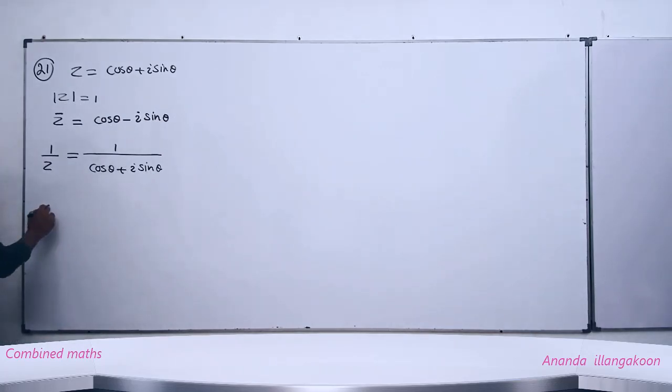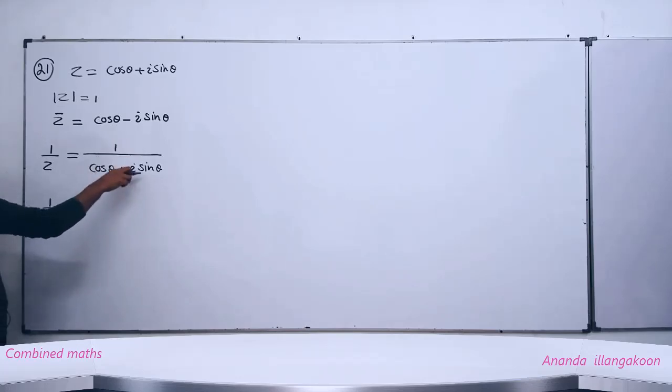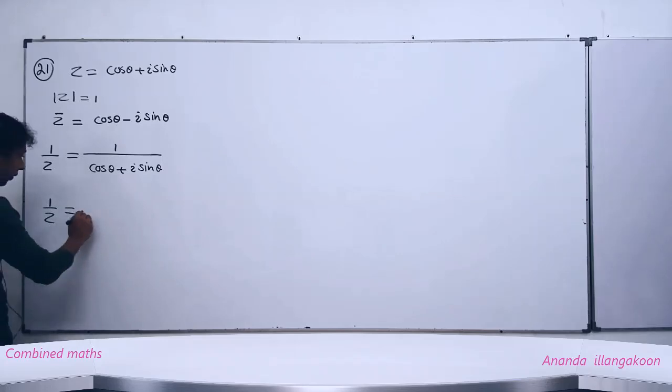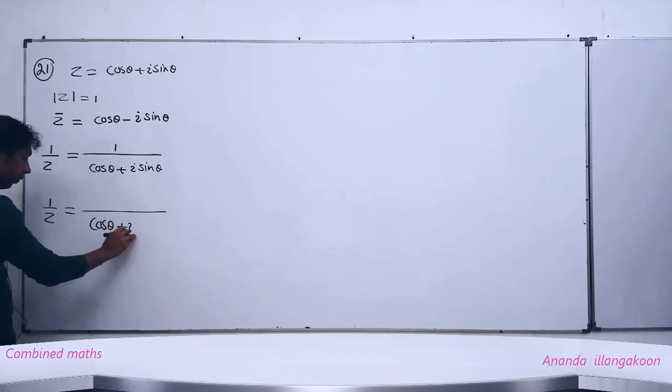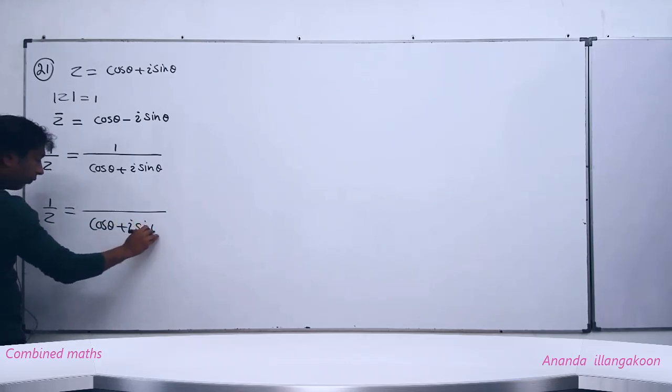Then I can multiply the right hand side, both numerator and denominator, by the conjugate of the denominator. The conjugate of the denominator is going to be cos theta minus i sin theta.